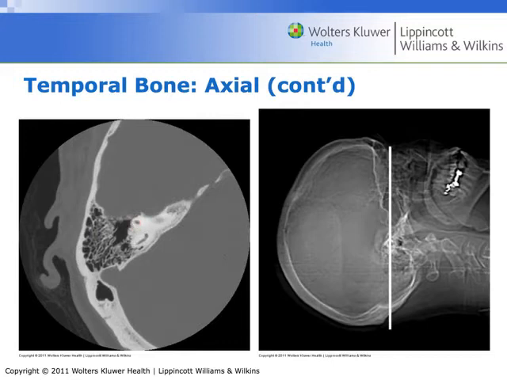That's that superior semicircular canal that we saw so clearly on the coronal images. Mastoid antrum. Posterior semicircular canal. Sigmoid sinus. Temporal bone. Occipital bone.